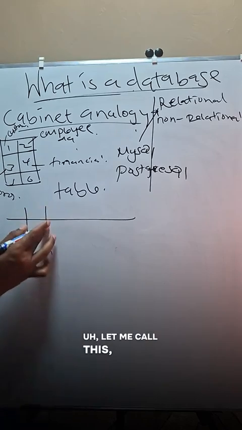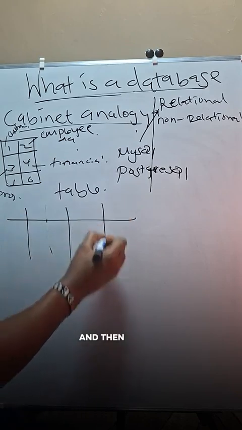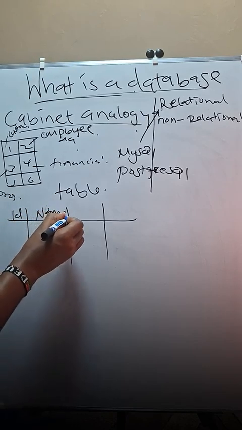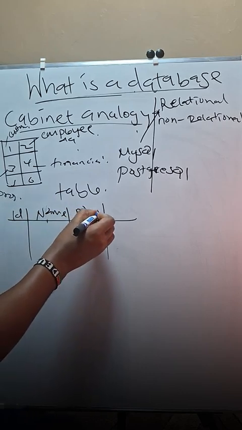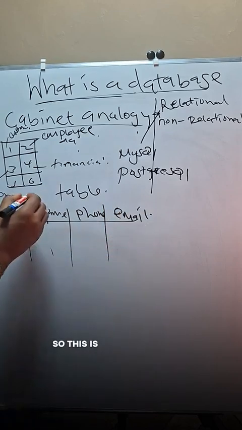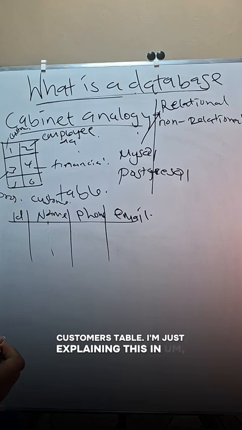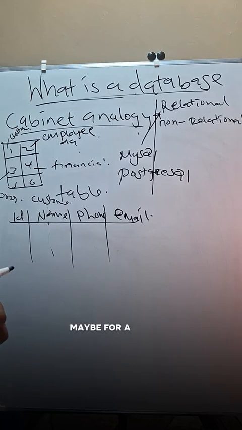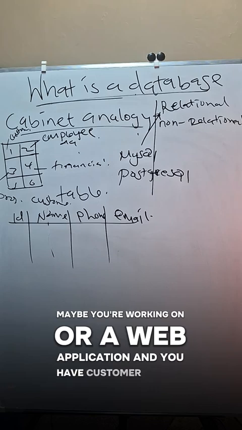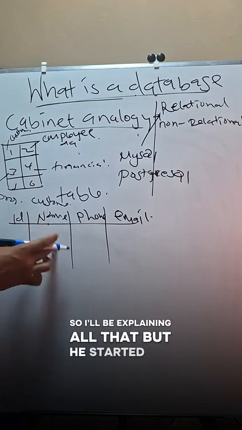Say this is for an e-commerce website or a web application you're working on, and you have a customers table, an orders table, and all that. I'll explain all that, but you start with the customers table.